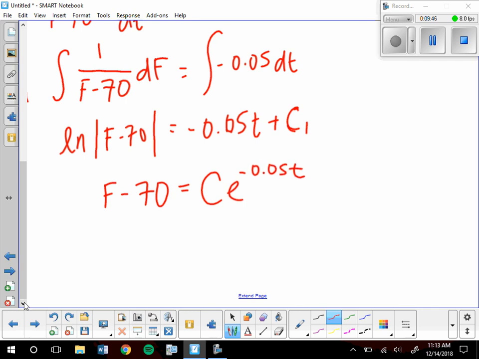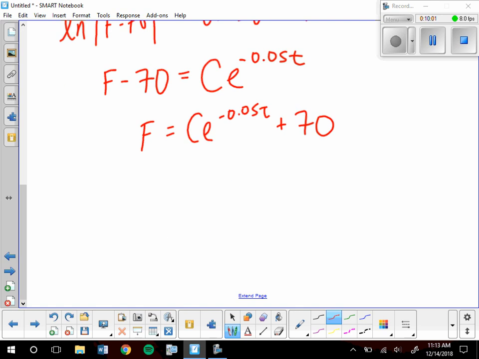And then I can solve for f by adding 70 to the other side. I'm not done yet because I can use my initial condition to solve for C. So I know that my temperature is 150 when t is 0.